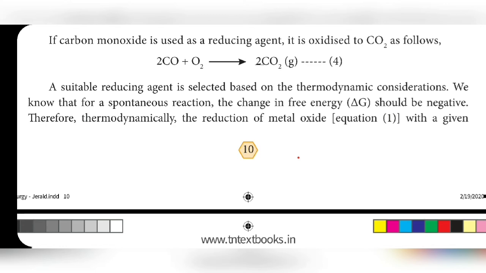We now have two choices for converting metal oxide to metal: we can use either carbon or carbon monoxide as a reducing agent. Which one is best?